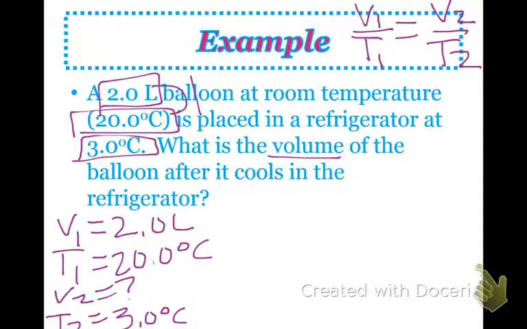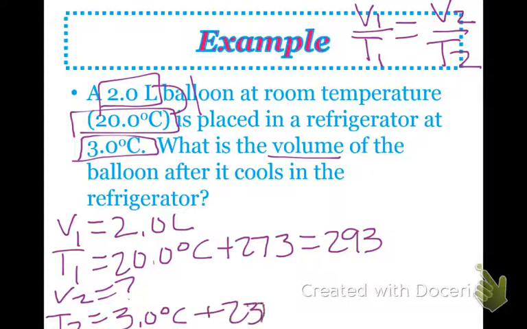Now again, before we keep going on the problem, temperature of the first one, add 273. That one's going to be 293. And then add 273 to this one.